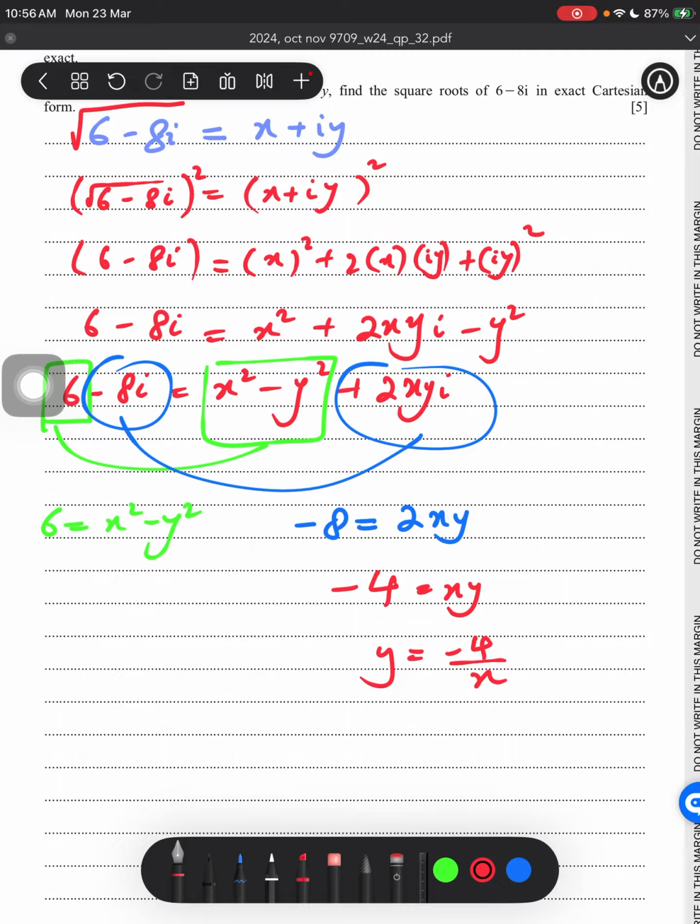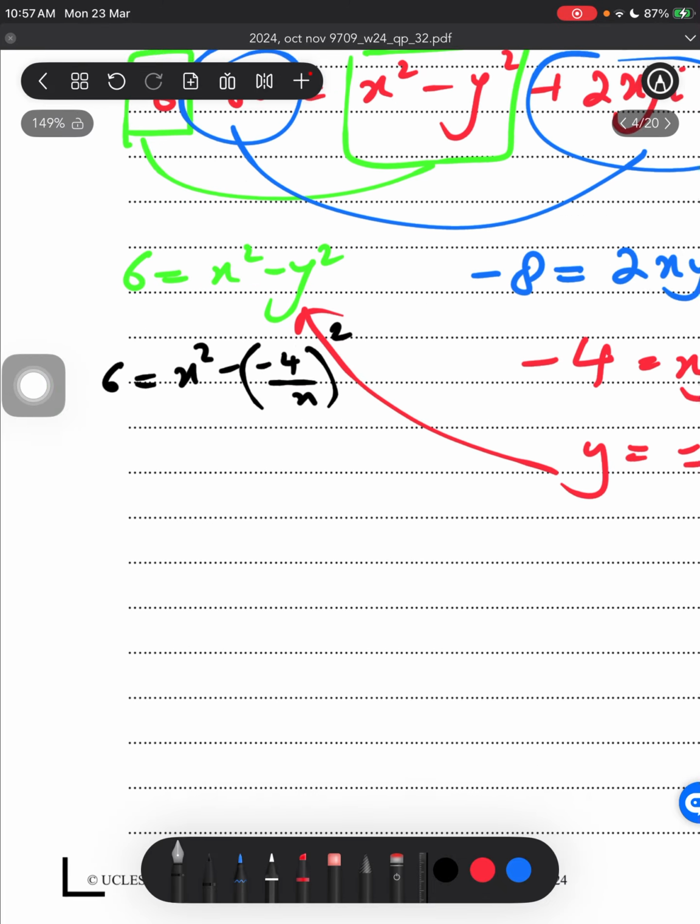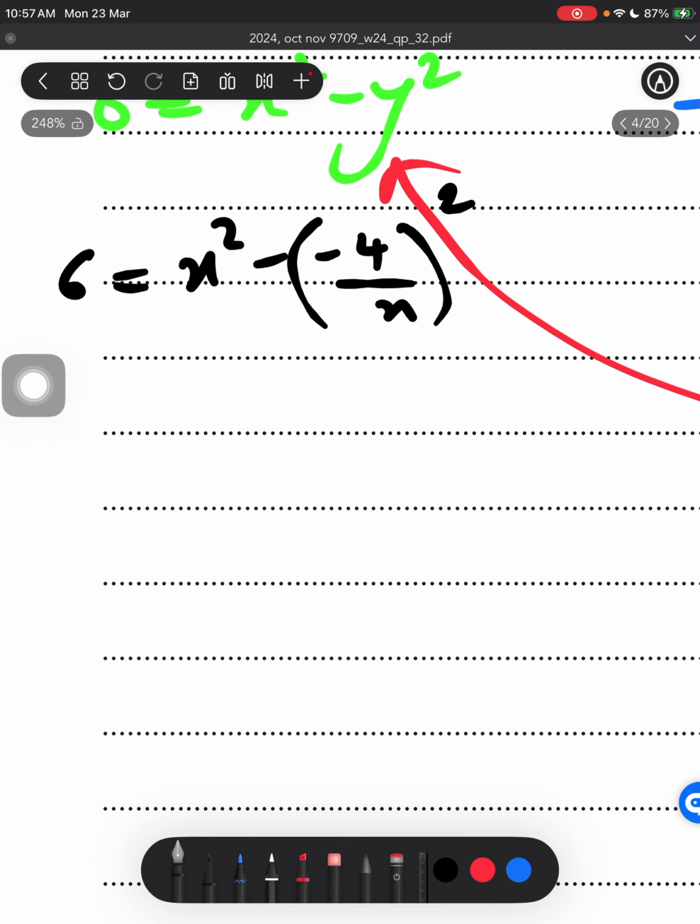which can be plugged over here. So you can just simply write 6 equals x square minus y, which has a value minus 4 over x, squared. So you would have x square minus, and that would be turned into plus.